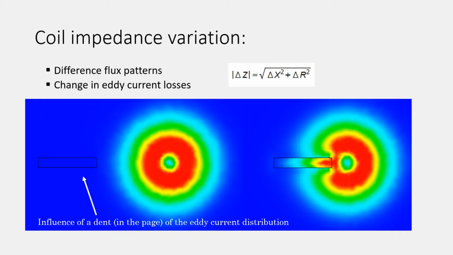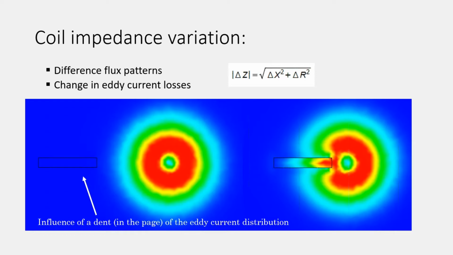So presence of a flaw or some other discontinuities in the material, in the specimen, will be projected in the coil impedance. Eddy currents in the nearby material affect both real and imaginary components of the coil impedance.